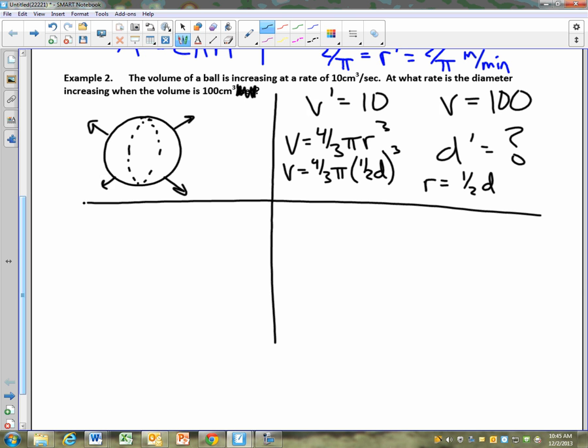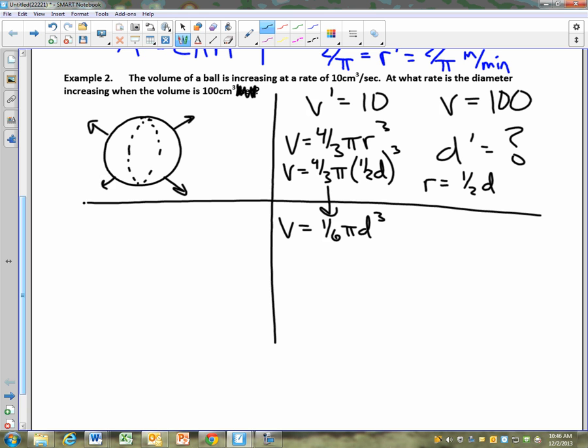What's 4/24? 1/6. So really, volume is equal to 1/6 pi d to the third. So volume can be written in two ways. You can either write it with a radius, or you can write it with a diameter. Okay? And we know that the volume is now 1/6 pi d to the third.